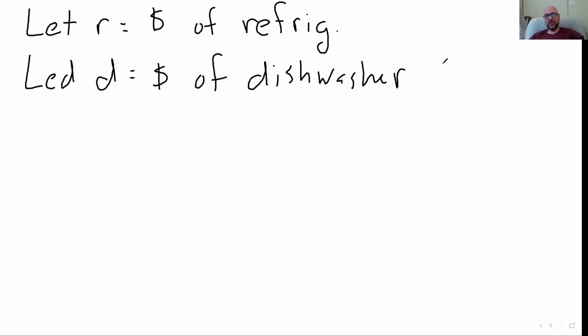Like, I know R is refrigerator, D is dishwasher, obviously, duh. But that obviously duh part does take mental energy to keep in your brain. And on a test, when everything is flying out of your brain and it's hard to keep track of stuff, you can cheat the amount of mental energy you need by writing some of it down. If you write it down, there's no more to remember. I've had a great deal of trouble convincing students of the value of doing this.